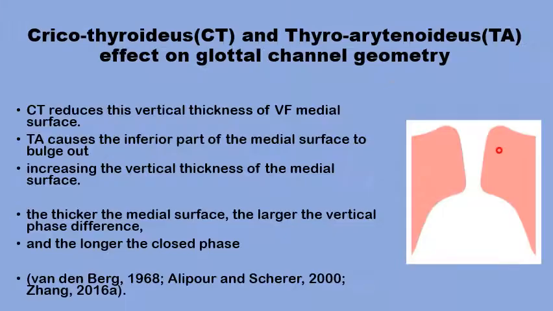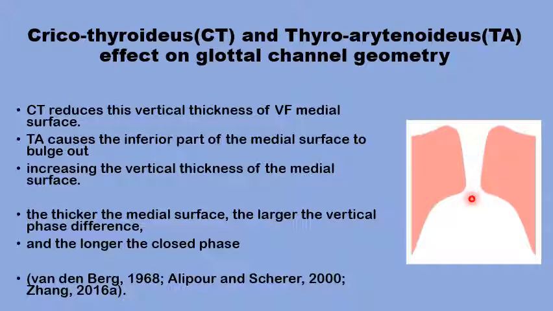The configuration of the glottic canal during phonation, the depth of the glottic canal, and the pattern of contact between the medial ends of the two vocal folds are both affected by the cricothyroides muscle and the thyroarytenoides muscle that can change the glottal canal geometry.